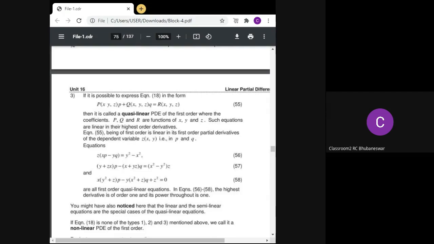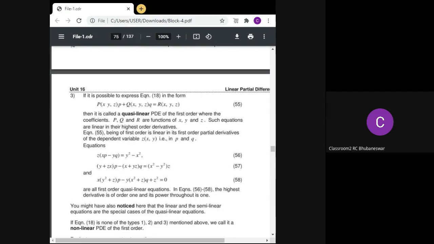The same examples have been given in equation number 56, 57, and 58. All these equations are first order partial differential equations, and if we focus on the coefficients of small p, small q, and capital R, all contain functions of x, y, and z.